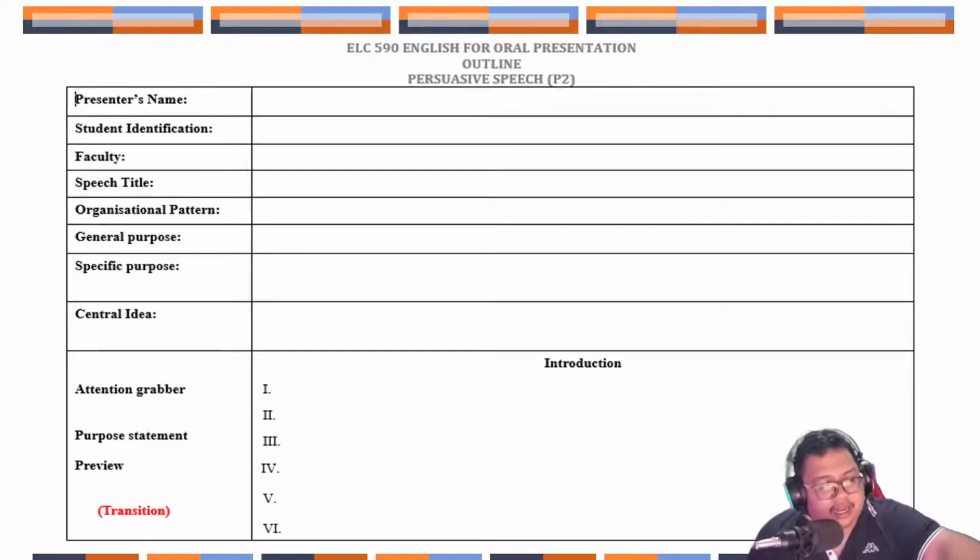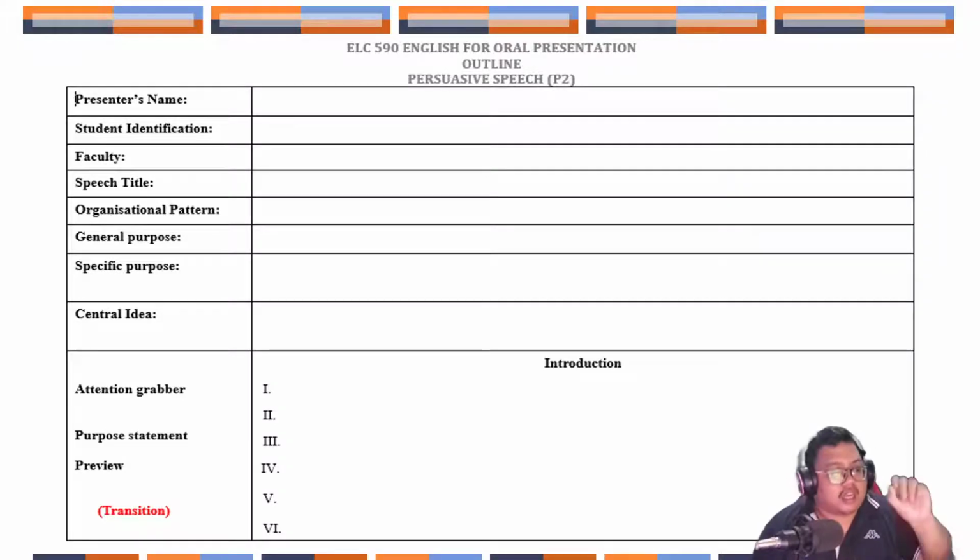Then organizational patterns. Always use Monroe's motivated sequence. Alright. Speech title, topic, pattern, Monroe's. Okay. Then general purpose, to persuade. Look back in the first few videos that have the purpose and everything.